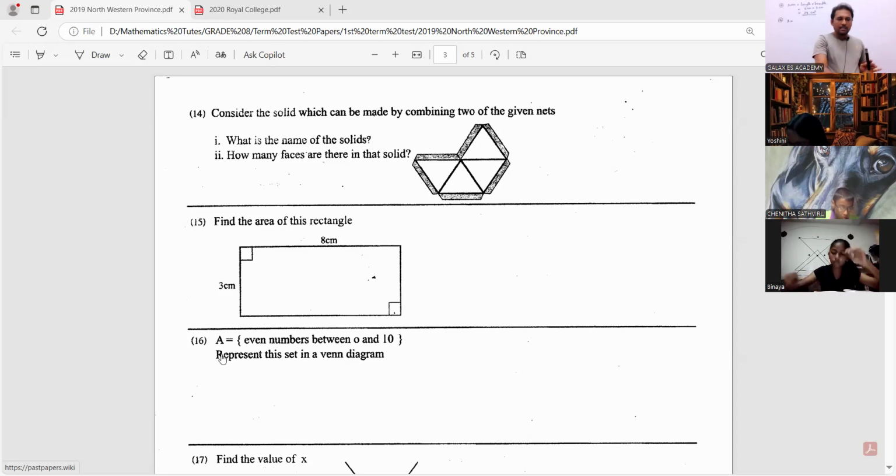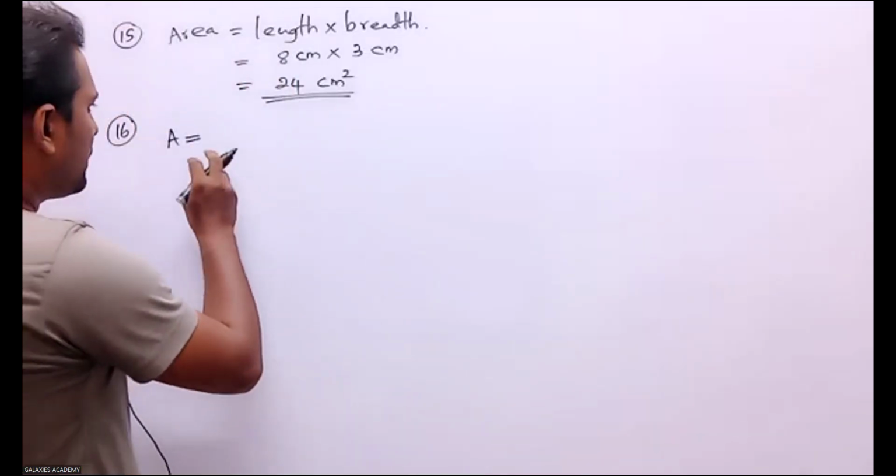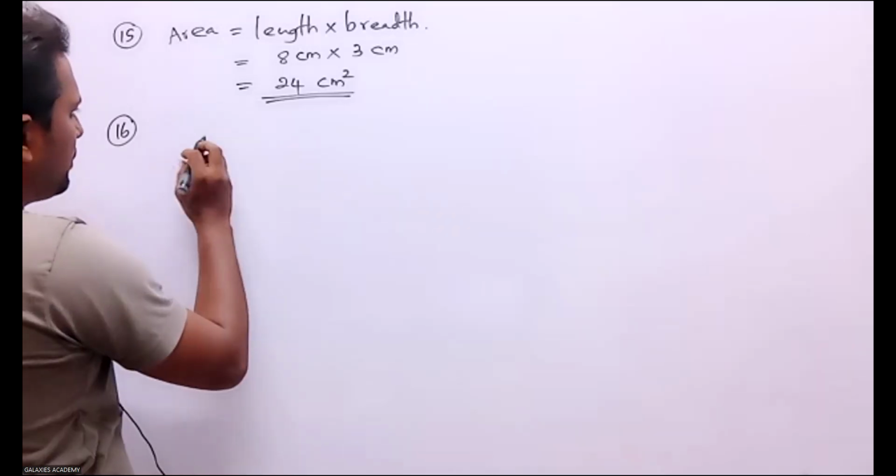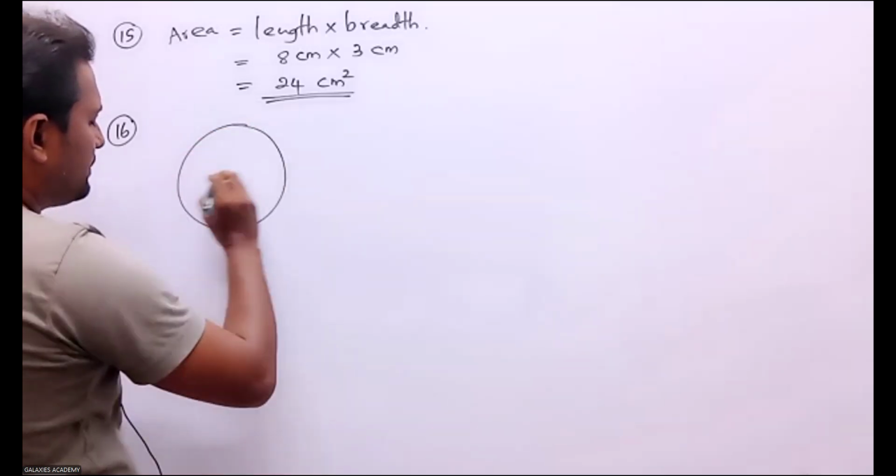Then you have to represent this set using a Venn diagram. When you draw the Venn diagram, you have to draw a closed plane figure.